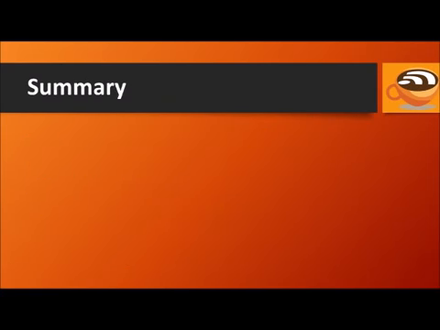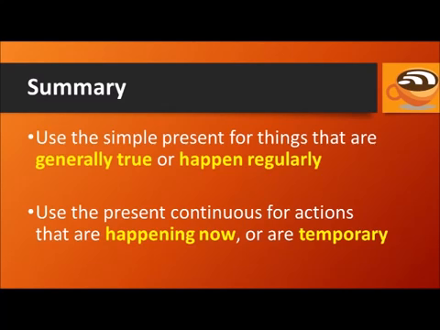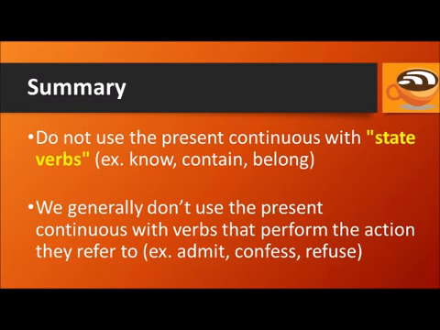Let's summarize what we've covered in today's lesson. Use the simple present for things that are generally true or happen regularly, and use the present continuous for actions that are happening now or are temporary. Do not use the present continuous with state verbs like know, contain, or belong.